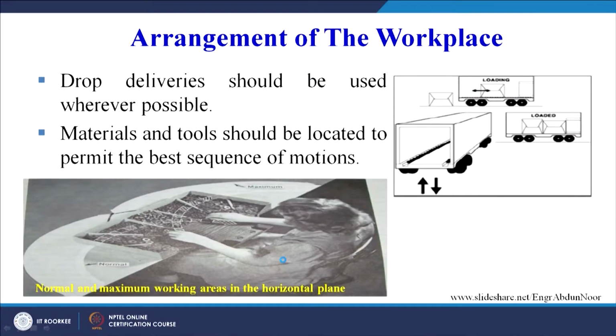Materials and tools should be located to permit the best sequence of motion. So this is giving one practical example that we can arrange the tools and equipment in such a way that we use them one in the sequence. So we know that for assembling this nut and washer and bolt, this is the sequence that has to be followed, so that the material can be placed in that particular sequence only.